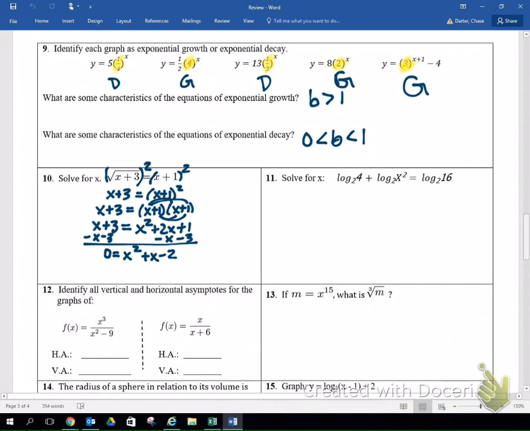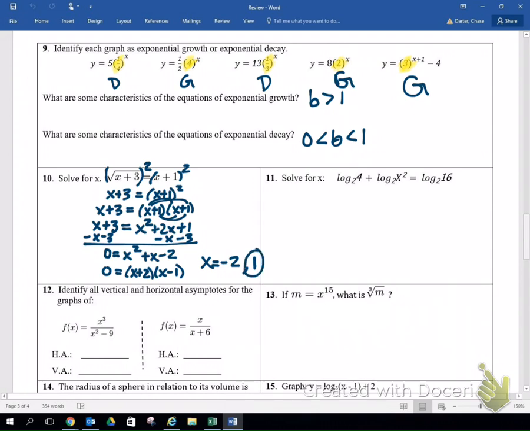When we factor, we need two numbers that multiply to negative 2 and add to 1. So that's going to be x plus 2, x minus 1, which means that x equals negative 2 and positive 1. Again, with square roots and rationals, you need to check for extraneous solutions.